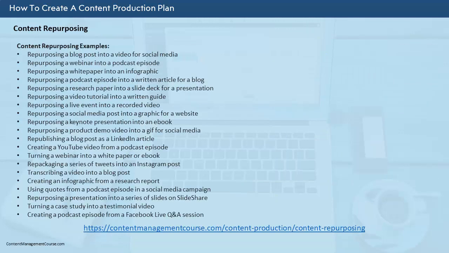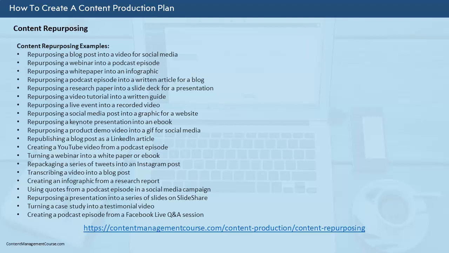Another thing to keep in mind when creating your content production plan is to include different methods like content repurposing. Content repurposing is the process of taking existing content and adapting it for use on different platforms or in different formats.